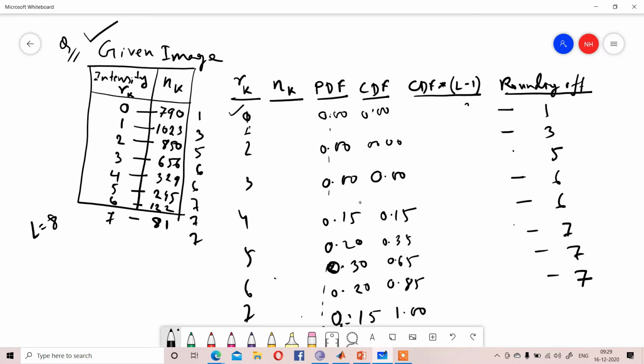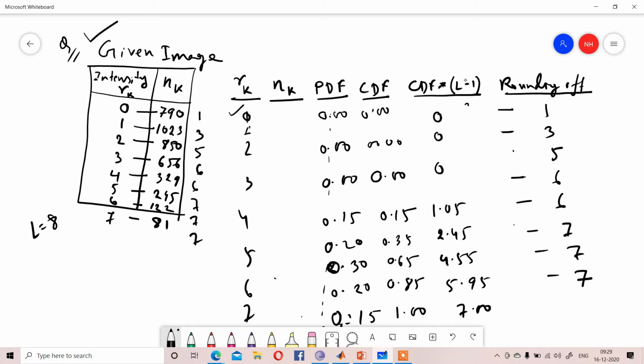Depending on that CDF, if you multiply by 7, the values will be 0, 0, 0, 1.05, 2.45, 4.55, 5.95, and 7.00.